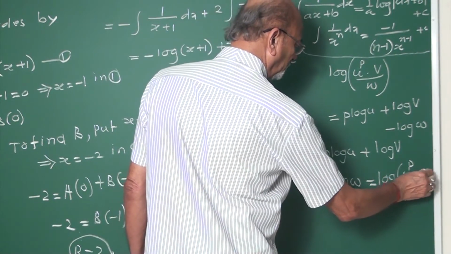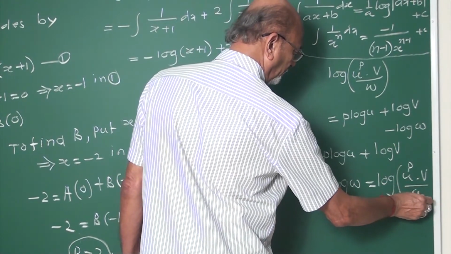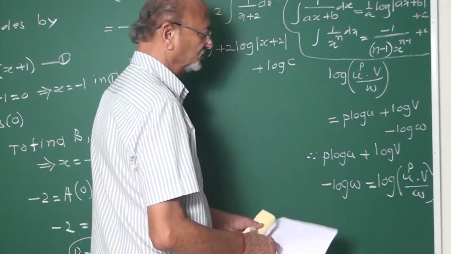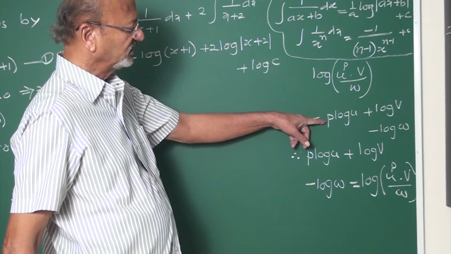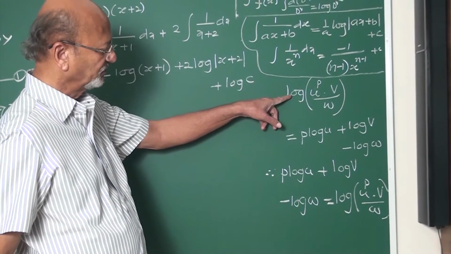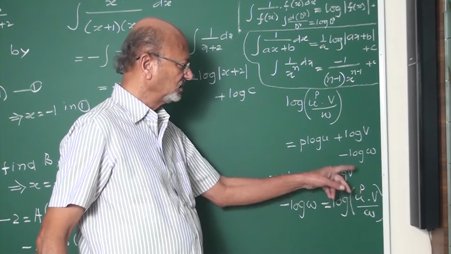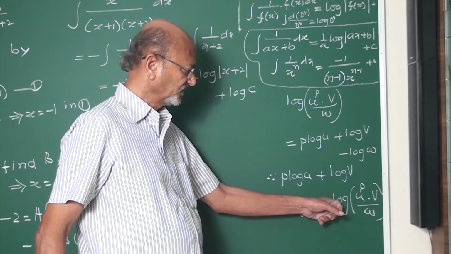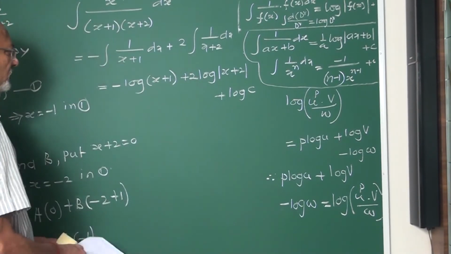Plus is multiplication. Minus is division. I hope you understood, my friends. This is the theorem. We are going from the RHS to the LHS. How? Coefficient is power, plus is product, minus is division. Log of this entire thing. Use it here.